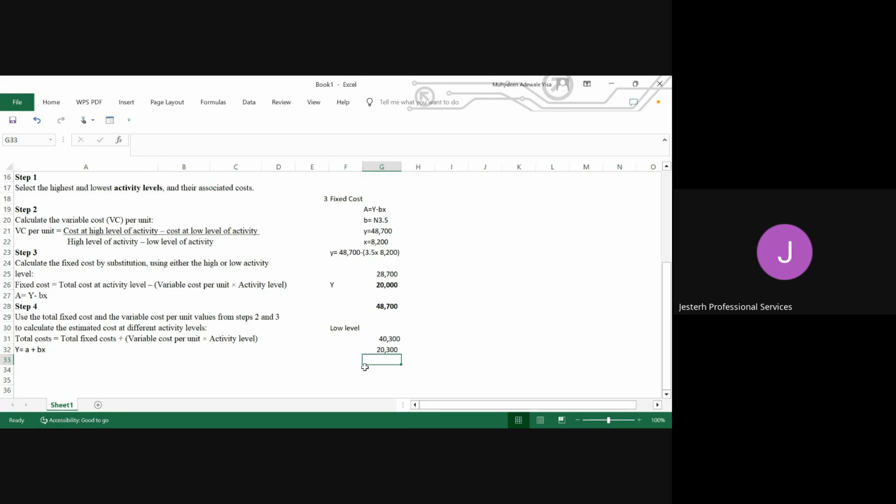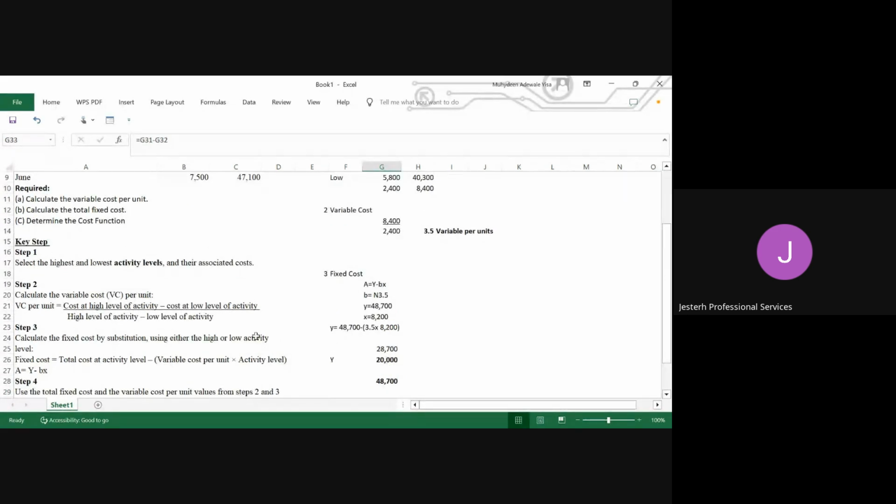Now, let's test if we are still going to get the same fixed cost that we got while using the higher level. Now we'll just say 40,300 minus 20,300, which is the total variable cost. Then you see we arrive at the same thing. In the exam, you can decide to use either one. You can decide to use lower, and you can decide to use higher. It's going to give us the same thing.